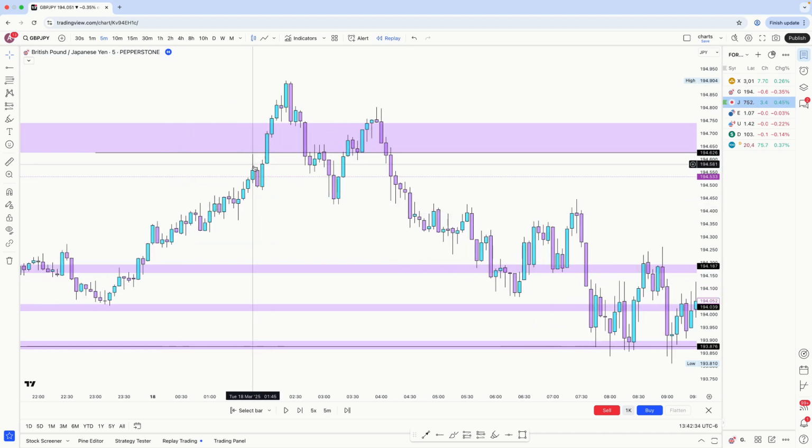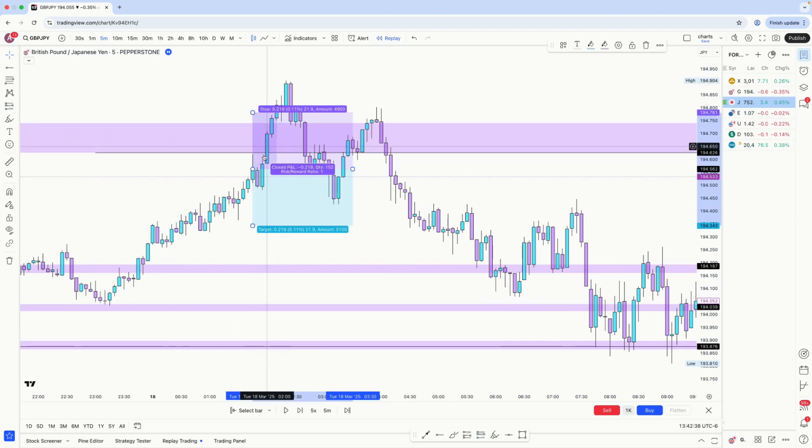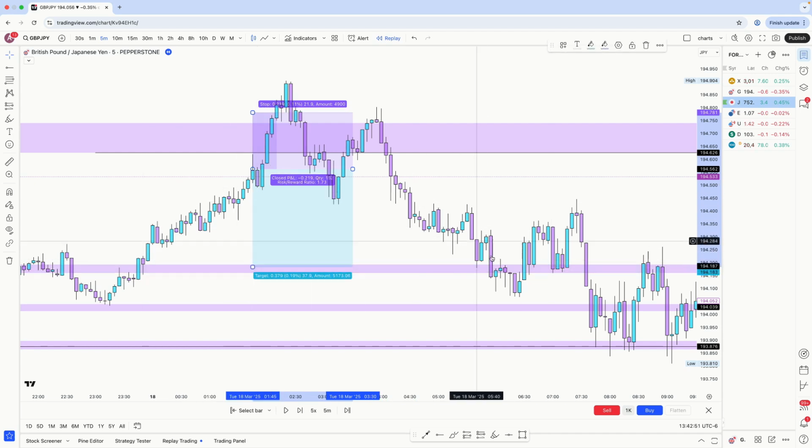So let's just say this rejected and you entered here. And you didn't wait for it to manipulate, and you didn't wait for it to test into that major structure based off the higher time frames. Basically, you would enter, it would come down a little bit. You'd think that it's going to come down to this target, which it eventually will. But the point is you're getting in way too early because you're jumping down way too soon.